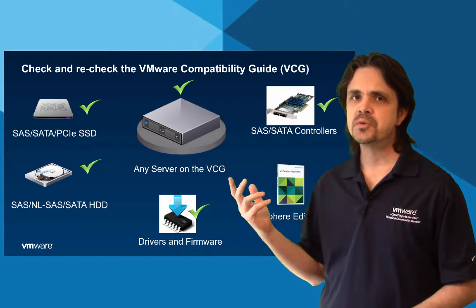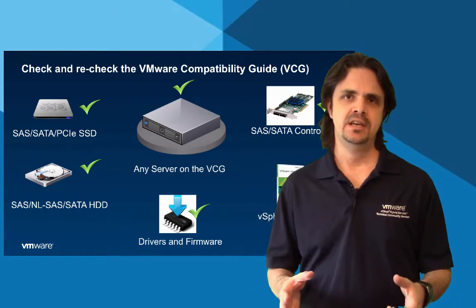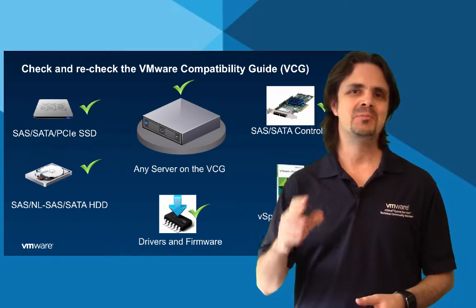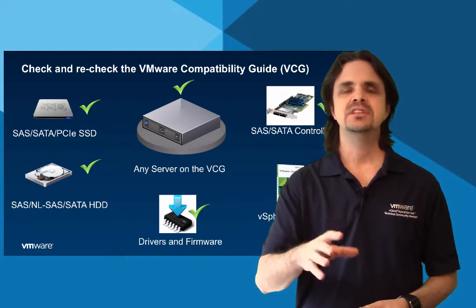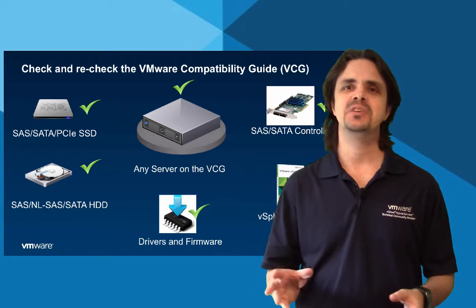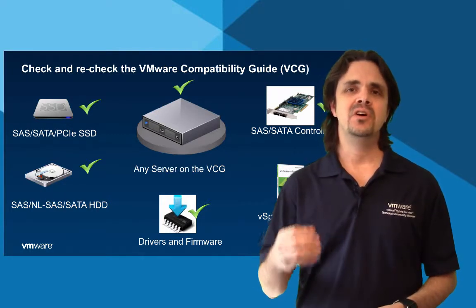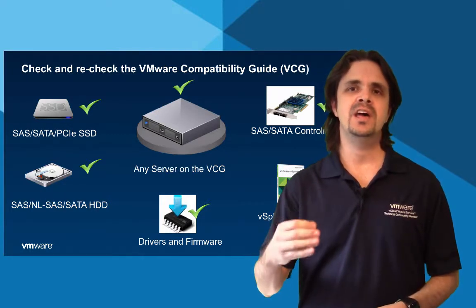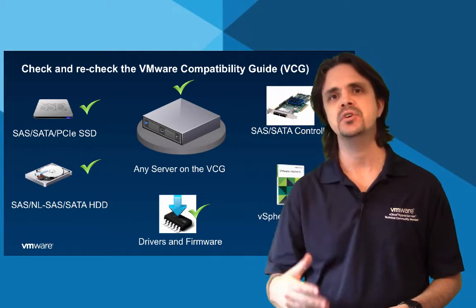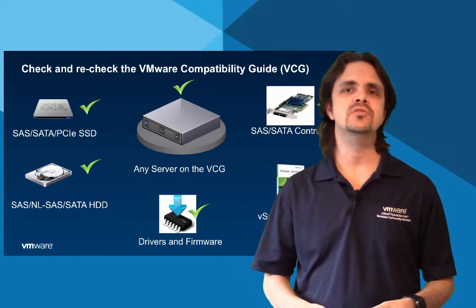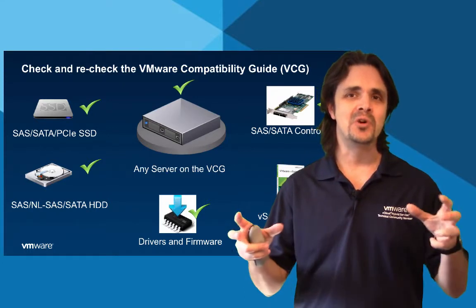So I think this first one really goes without saying. Check the hardware compatibility list. Granted, if you're using ready nodes, you're not going to have to sweat this. It's going to be a moot point. But we all know that not every OEM ready node is exactly what we want for that infrastructure, and sometimes we're put in a position where we need to, for lack of better words, roll our own.